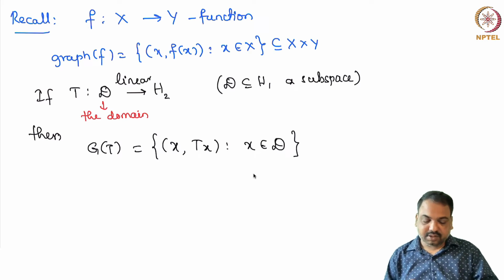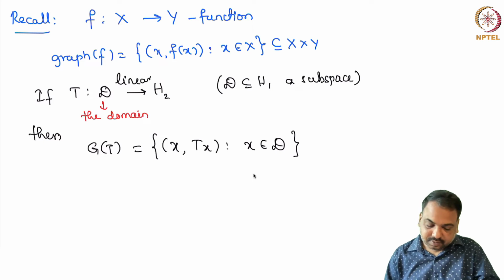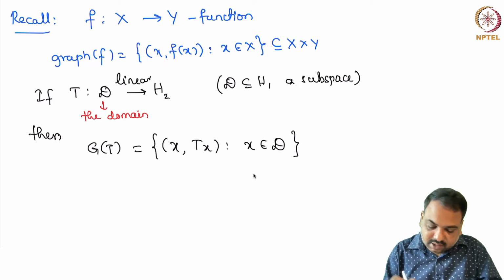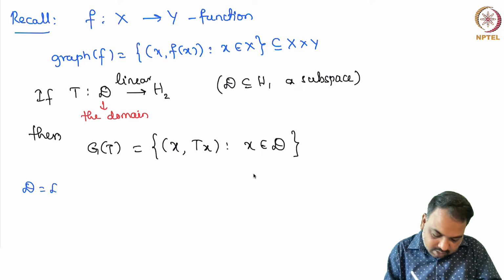That is called the maximal domain also. So D is sometimes written as D(T) to say that it is the domain of T.